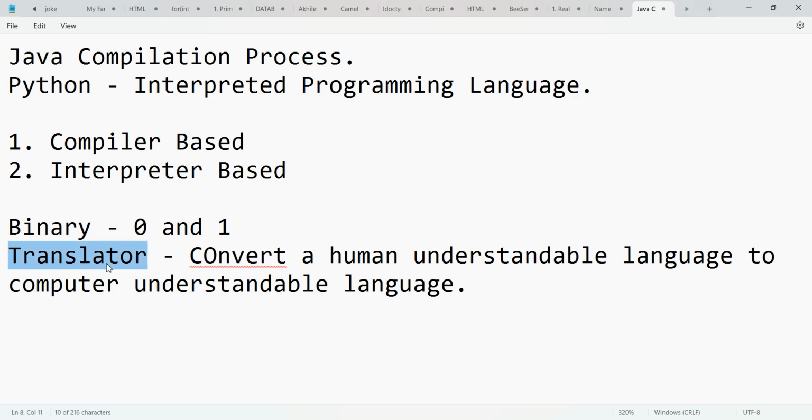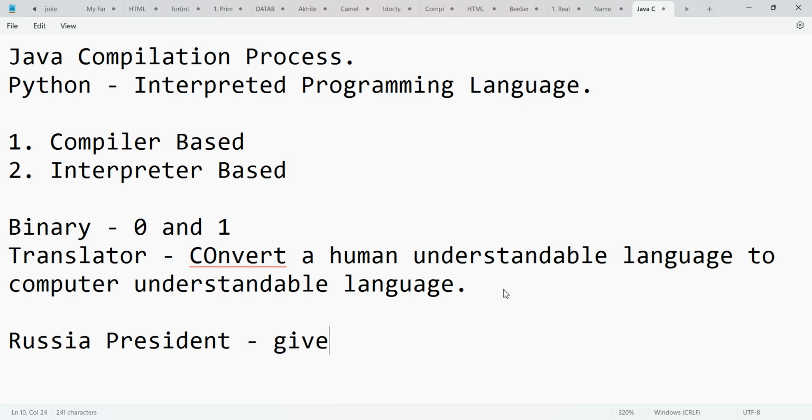And this translator can be either a compiler or an interpreter. To understand the difference between the two, let's take an example. Suppose the Russian president comes to your country. Both of you are in the USA. He comes to your country and gives a speech in Russian.